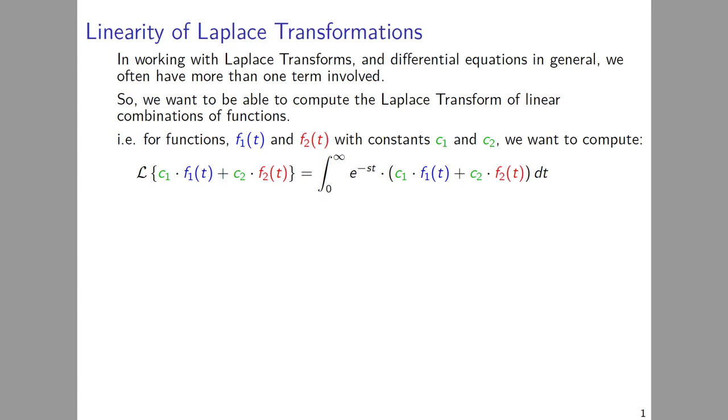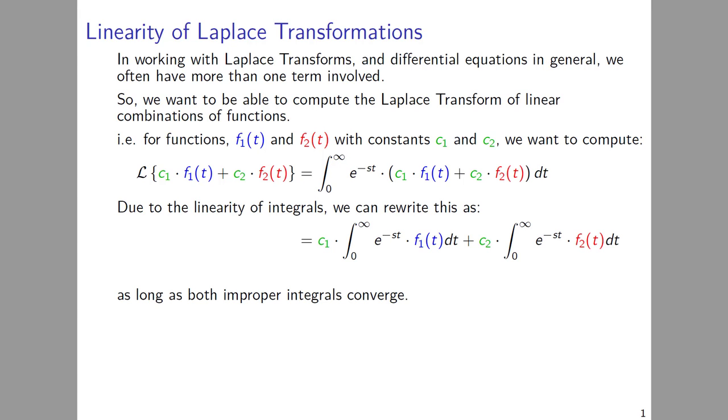Now we've written this as an integral, and due to the linearity of integrals, we can rewrite this as c1 times the integral from 0 to infinity of e to the negative st times f1 dt plus c2 times the integral from 0 to infinity of e to the negative st times f2 dt. But remember, for this to be true, we need both of these improper integrals to converge.